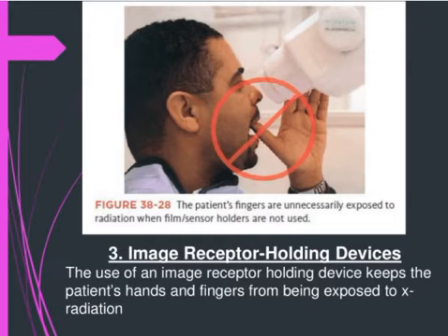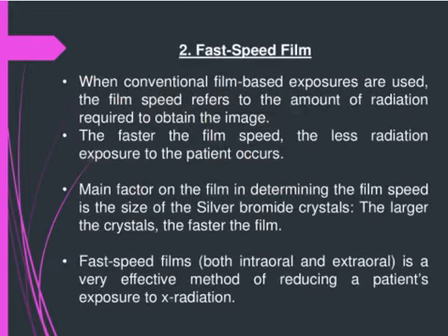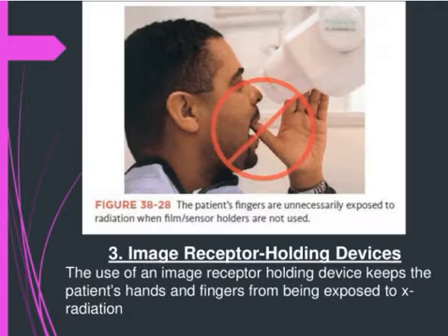Now next is image receptor holding devices. Here you can see that this image represents don't hold your film with the thumb, or you can say finger retention. The cone that is used here is also a short cone, which should not be there.